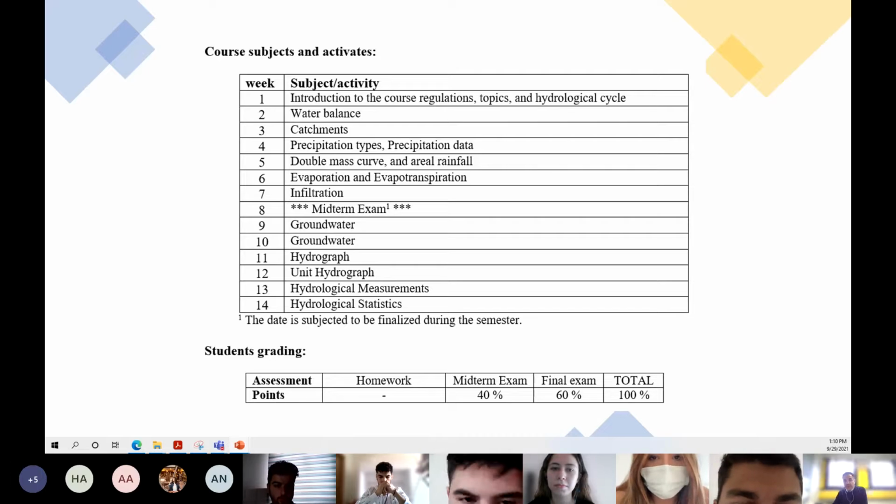Every session we will have different or complementary subjects. Today, our first week, we will talk about the introduction to the course as we have now, then the hydrologic cycle, then water balance. I will cover the water balance today also. In that way, we can compensate for the session that we lost last week because of the extension of the enrollment.